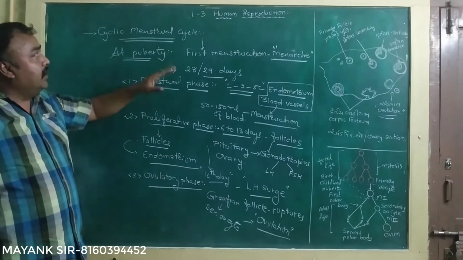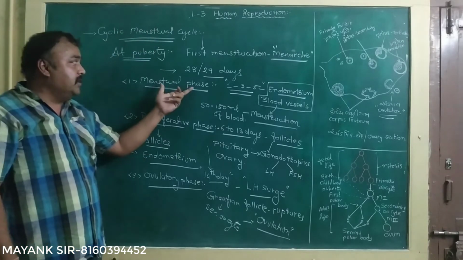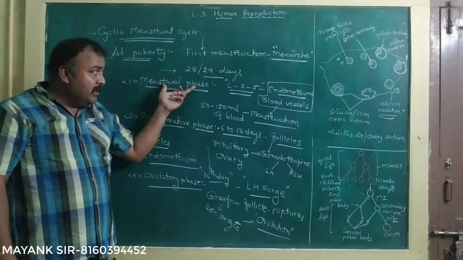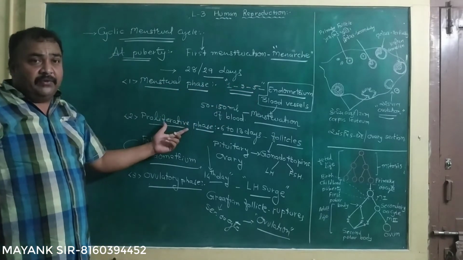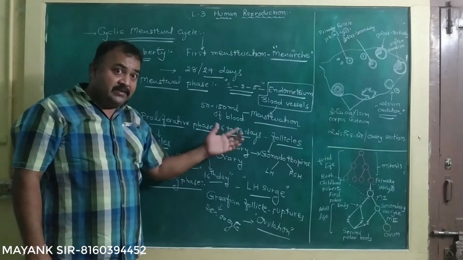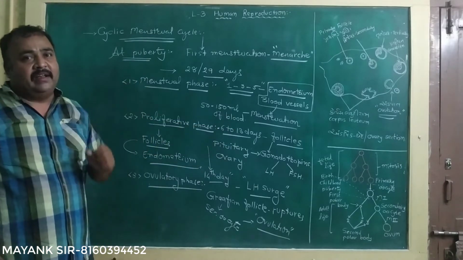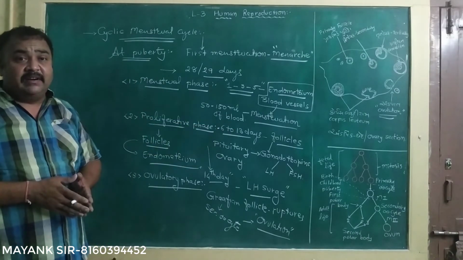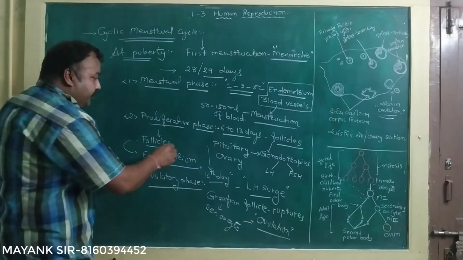So, as I told you earlier, the menstrual cycle is divided into 4 different phases. The first one is the menstrual phase, which lasts for 5 days. The proliferative phase, the second phase, lasts from 6 to 13 days. Here the development of ovarian follicles starts, and they are converted into mature ovarian follicles, known as Graafian follicles.